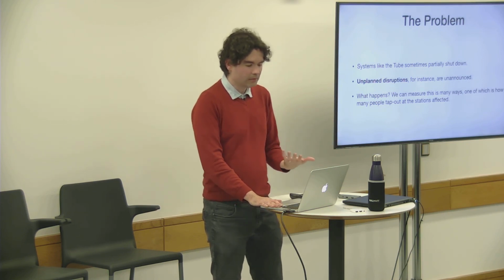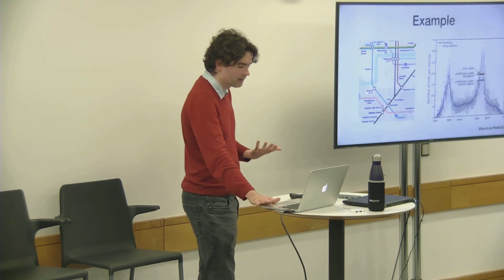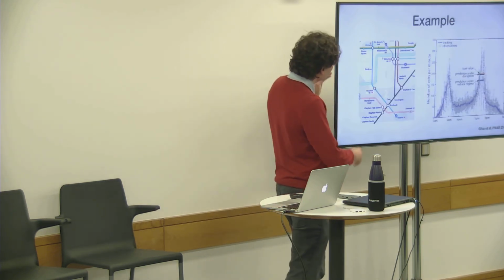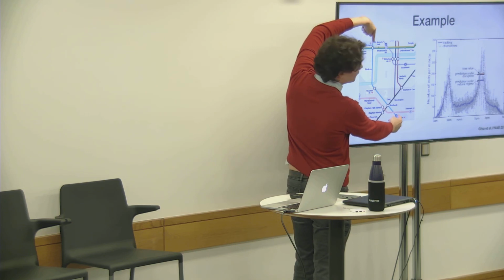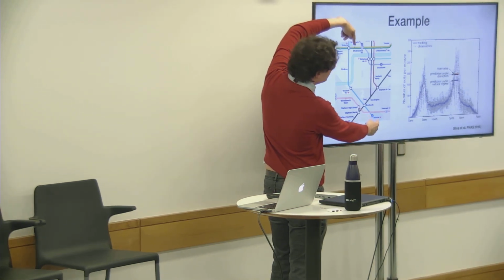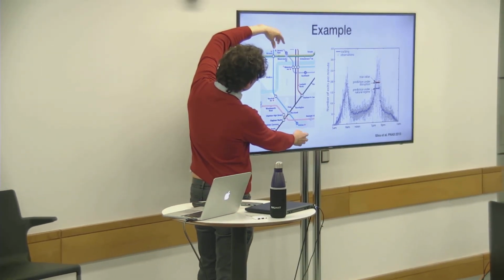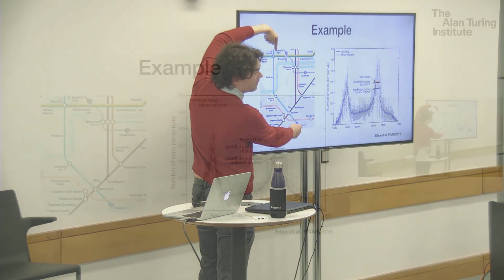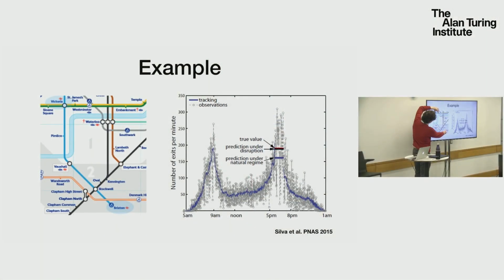This previous paper would address questions such as, if you have a disruption between 2 points in the London Underground, what would happen to passenger behavior at some locations in this segment? For example, here Victoria and Brixton, the entire Victoria line was down. So you have some measure of passenger behavior, which in this case was the number of tap outs. It could be something else, but the number of tap outs was the easiest to use here.